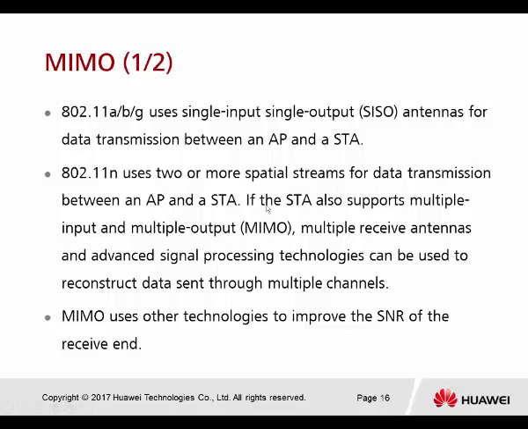If the STA also supports multiple input and multiple output, MIMO, multiple receive antennas and one signal processing technology can be used to reconstruct data sent through the multiple channels. So MIMO uses other technology to improve the SNR at the receive end.